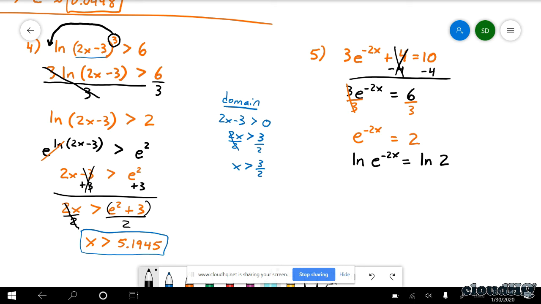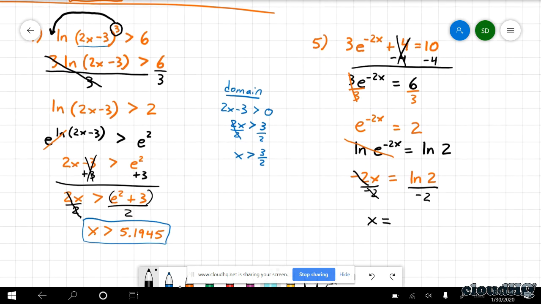And when I do that, on the left side, the ln will cancel out the e, and we're left with negative 2x. And on the right side, I have ln of 2. Then to finish that, divide both sides by negative 2. Can you cancel out the 2 on that fraction?